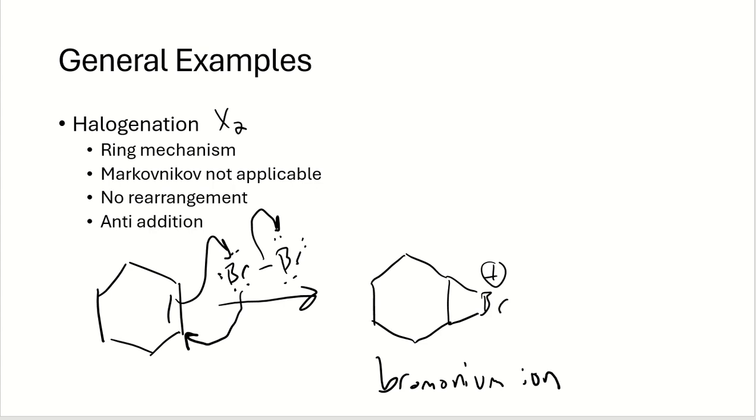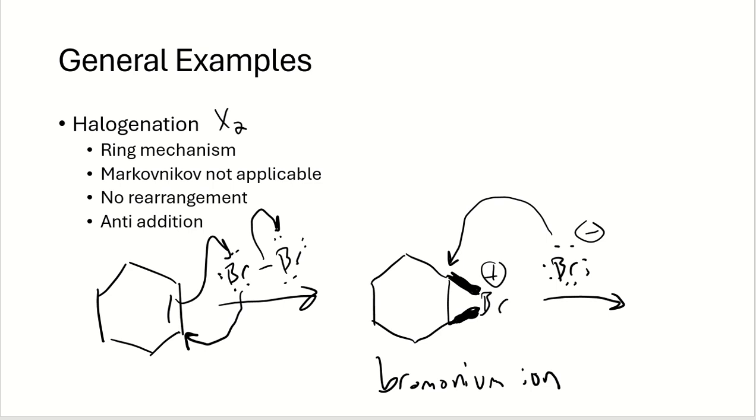And when that bromine adds, it could add as a wedge or a dash relative to the ring. It has to be a wedge or a dash because it's a 3-membered ring, so the bromine has to be above or below that ring. Now we generated Br minus in this process, and that Br minus is going to add to one side.